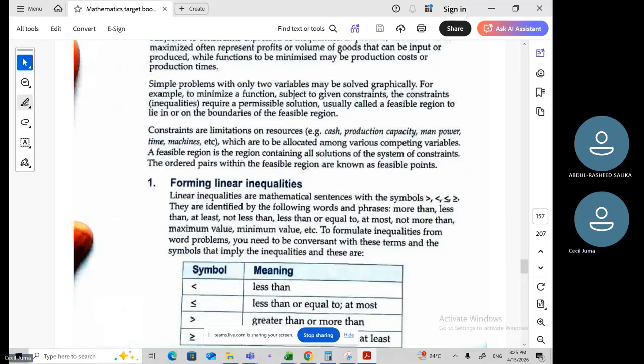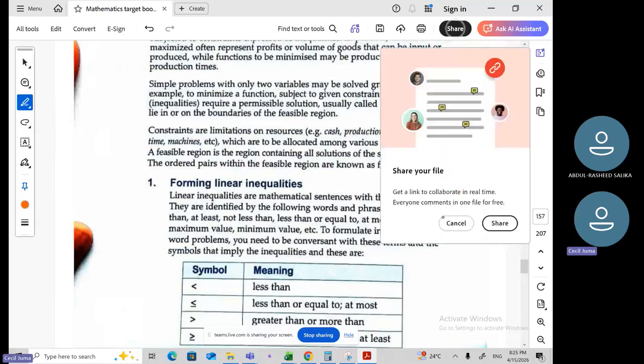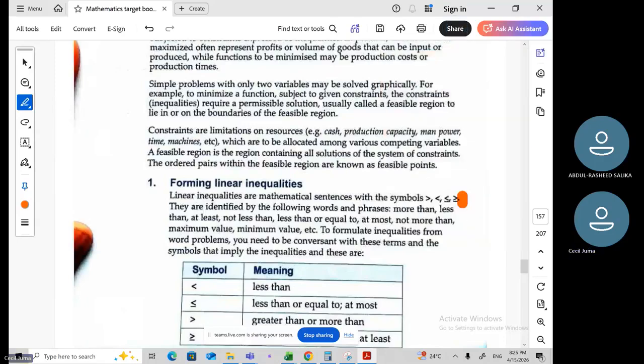So those four symbols define inequalities. So inequalities represent my constraints, my challenges, that one faces in order to achieve a certain objective.